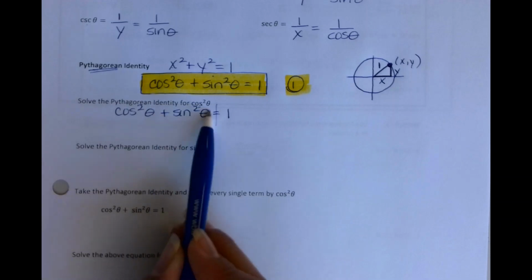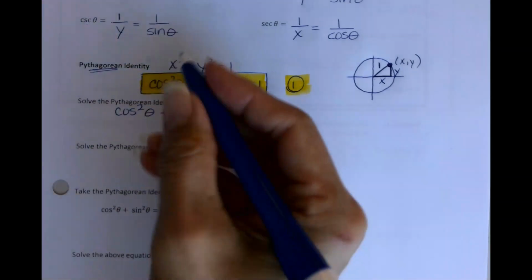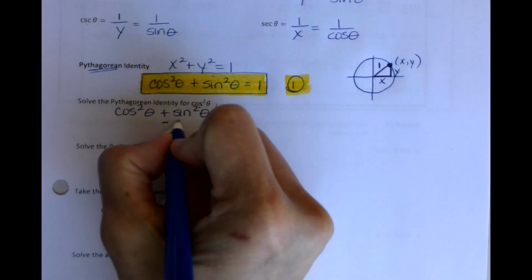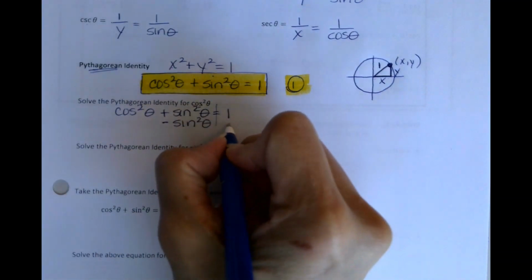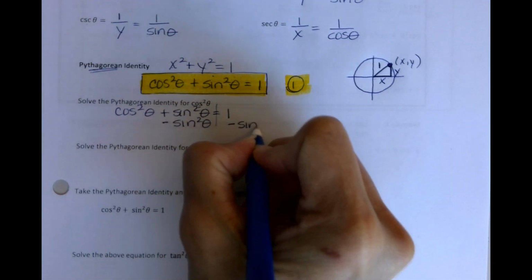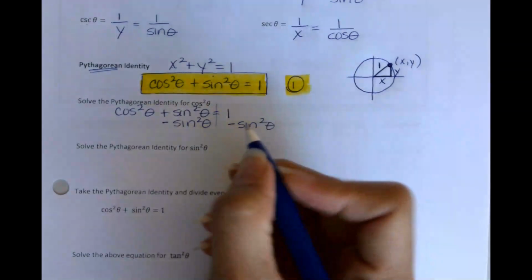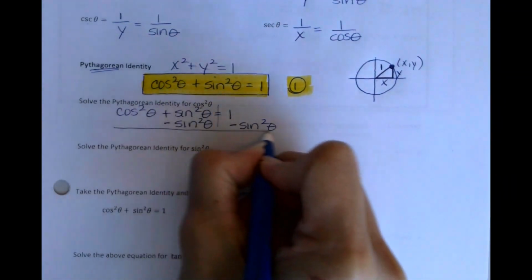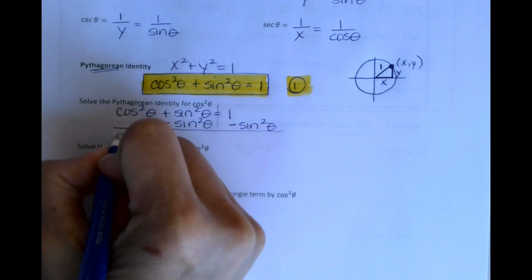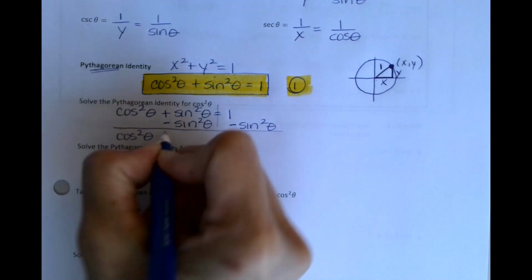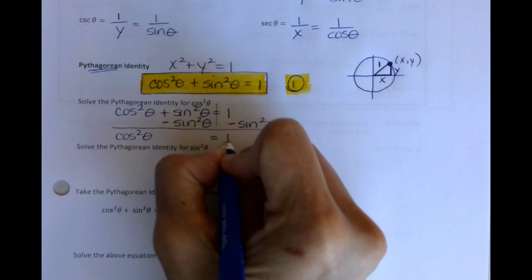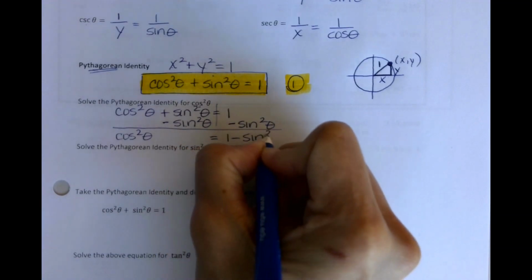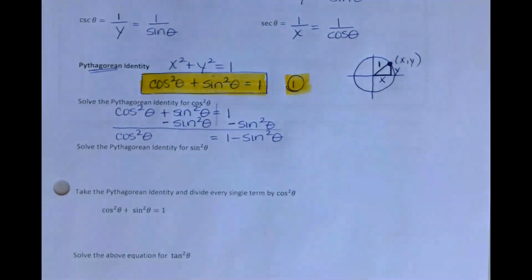So this sine squared has to move. Well, using my algebra solving skills, I know if I subtract sine squared on this side, I need to subtract sine squared theta on this side as well. So cosine squared comes down, plus and minus sine squared theta become a 0, and 1 minus sine squared theta stays on the other side. So now cosine squared is isolated.